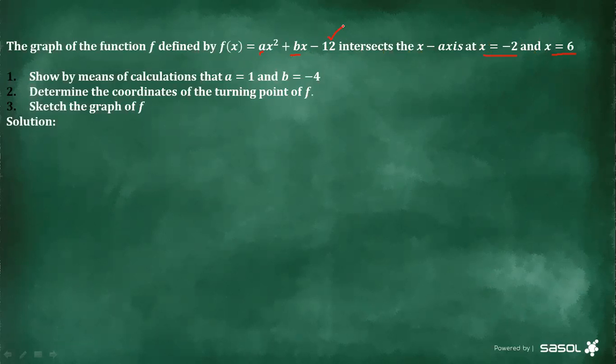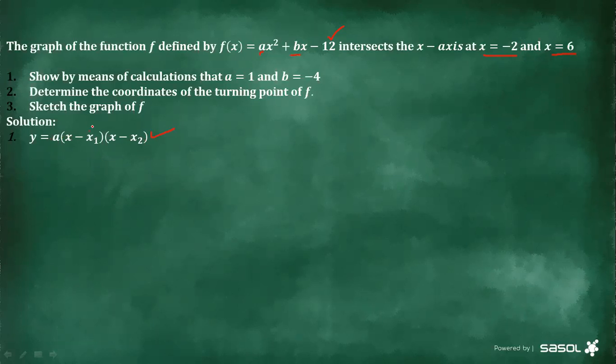So we have the y-intercept. Now, how are we going to solve this question? We are going to use this method. And remember this method: if we are in need of the equation of a graph, and we have the x-intercepts, then we are going to use this method of determining the equation of the graph.